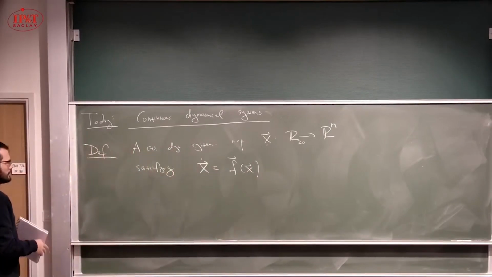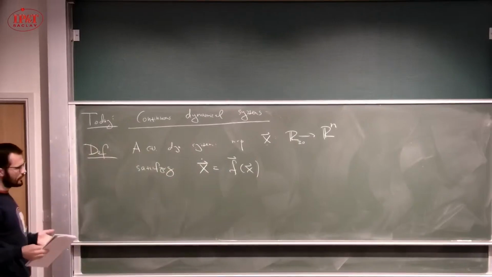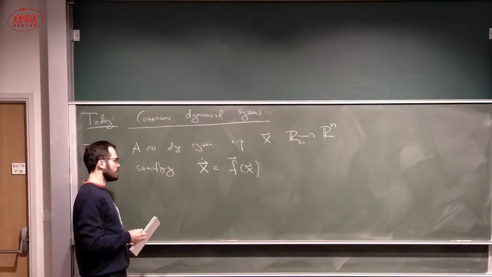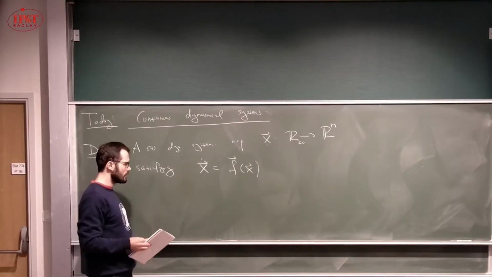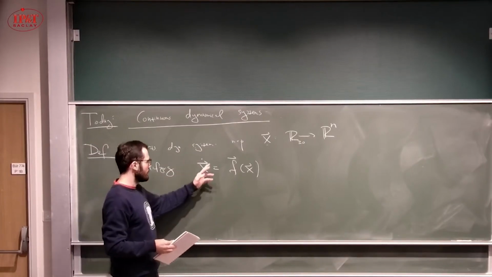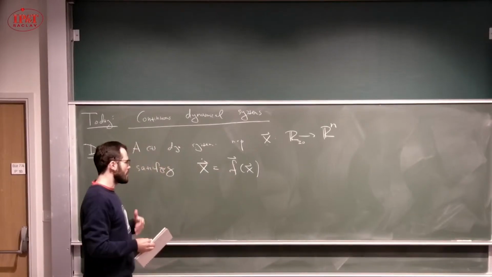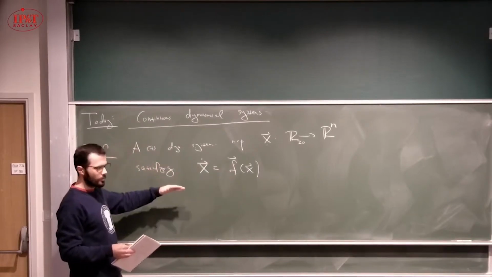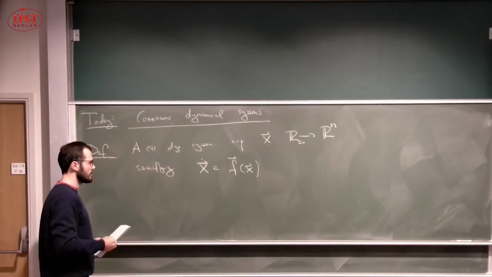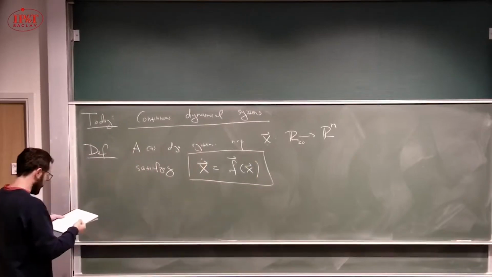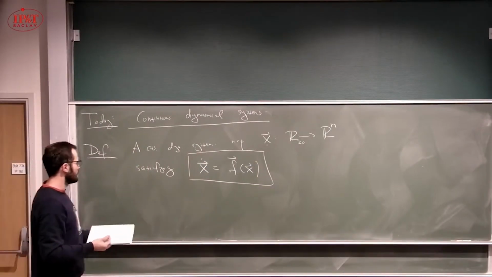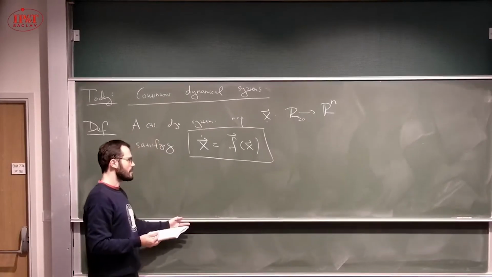And this is a very general class of problems because, in fact, if you have a dynamical system which is higher order in time derivatives, then you can rewrite it as a first order one, essentially by trading derivatives for additional components of the vector. So this is a rather general class of problems, and the behavior of these things can be rather complex.